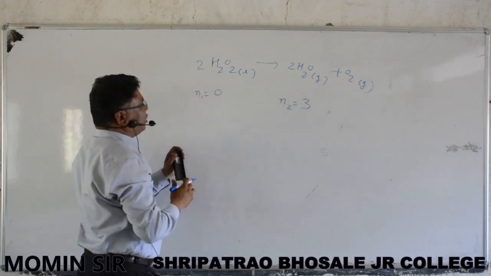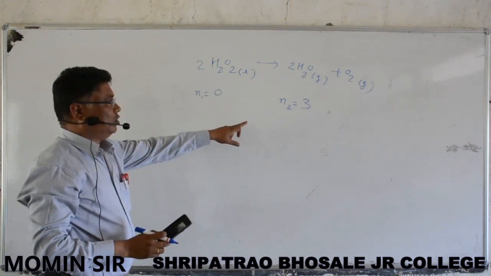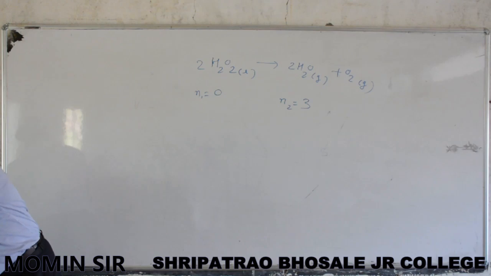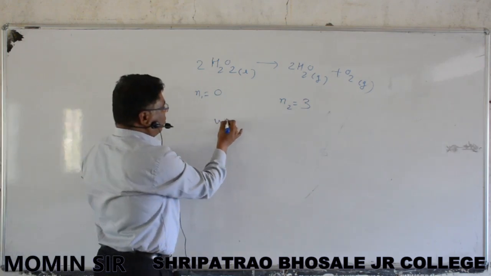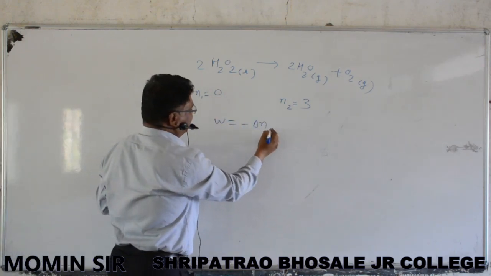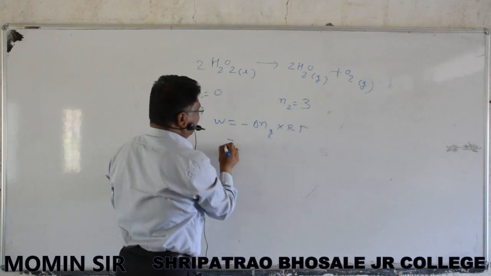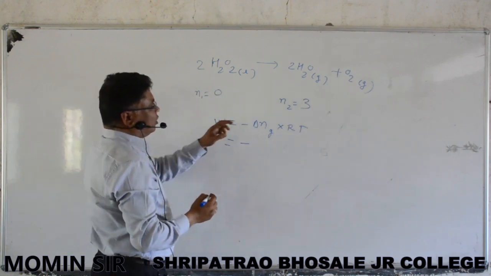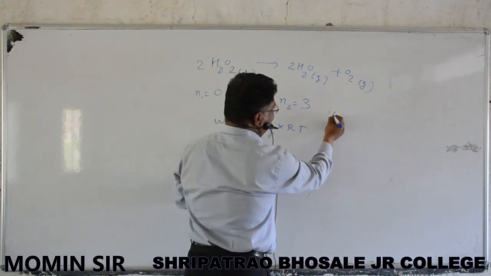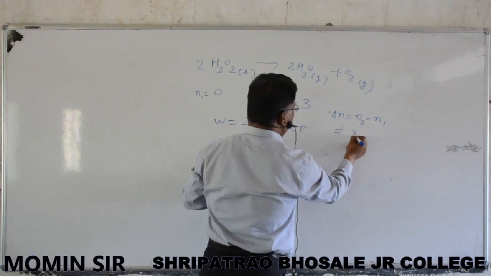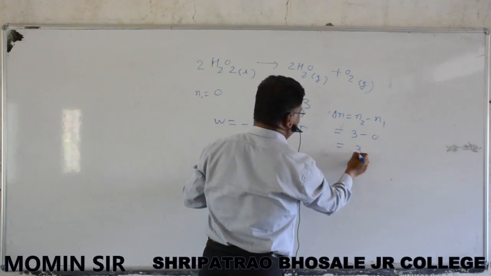That means here N1 is 0 and N2 is 3. Then from the equation, W is equal to minus delta N gaseous into RT. Delta N is equal to N2 minus N1, that is equal to 3 minus 0, that is equal to 3.